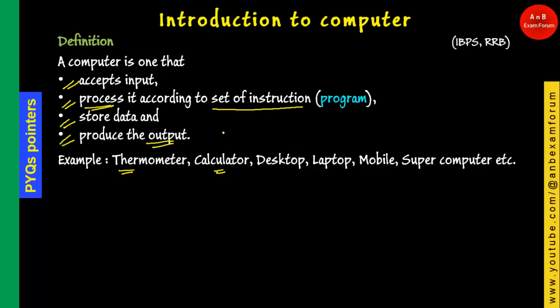Like if you press 10 it acts as input and you are doing some operation, say 10 plus 20, so that acts as an input, and inside it is going to produce the output after adding these two numbers, 30, and it is going to store the data in the calculator, more specifically, and it is going to produce the output on the screen as 30.